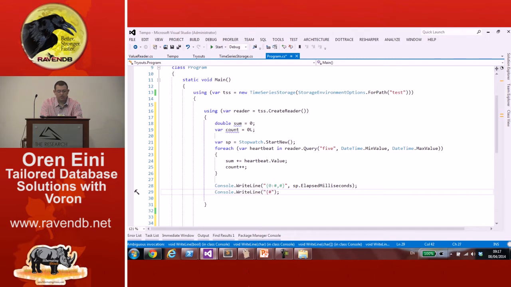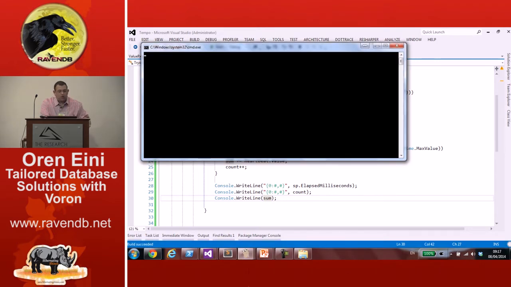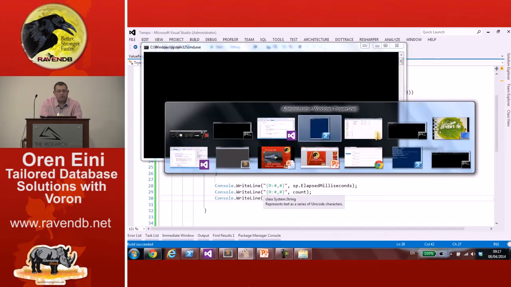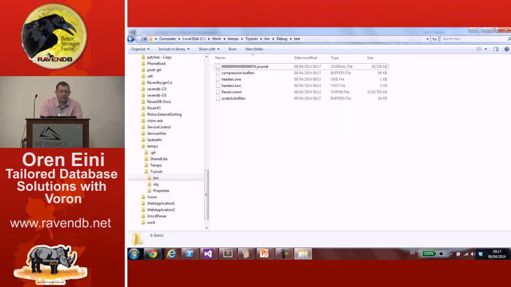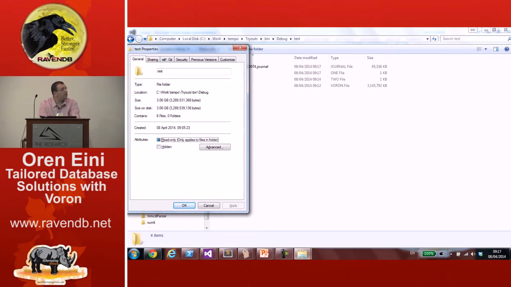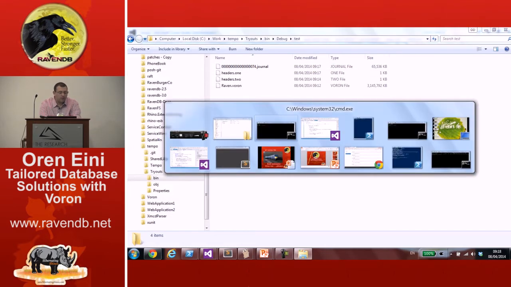How many items did you read? Just for fun, what was the sum? So this is going to take a while. Notice that we now have 3 gigabytes of this data, and we started from scratch.